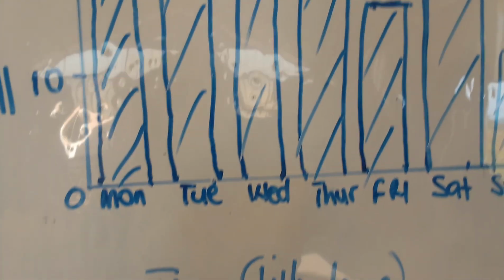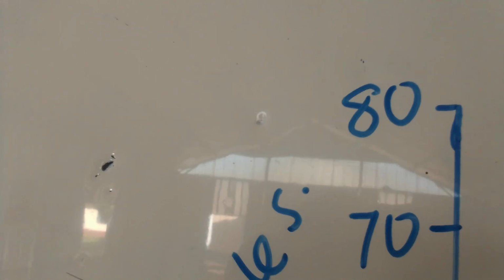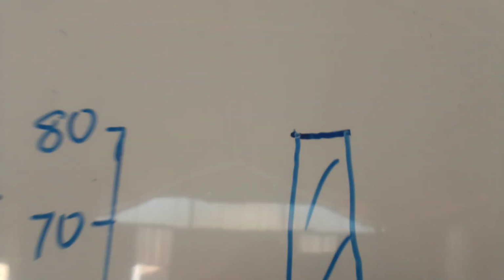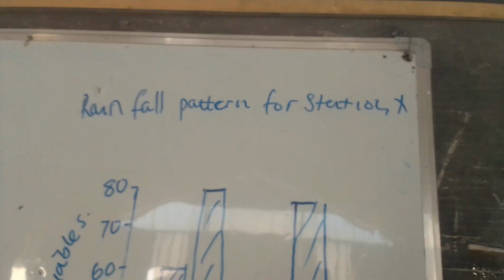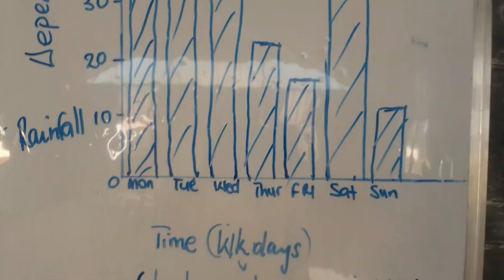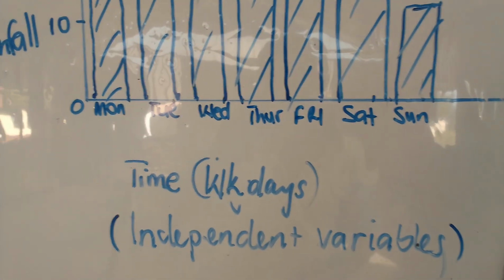So I'm considering this one as: Rainfall pattern for station X. That's my graph. So this is how we draw our bar graph.